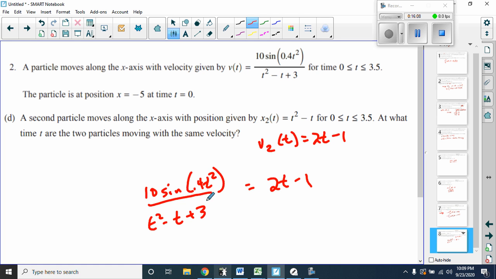Probably the easiest way to do this, you could set the two equations equal to each other and try to calculate the intersection. Sometimes that's not the easiest thing to do, though. I think it's usually easier if we get the equation equal to 0. So subtract 2t and add 1.